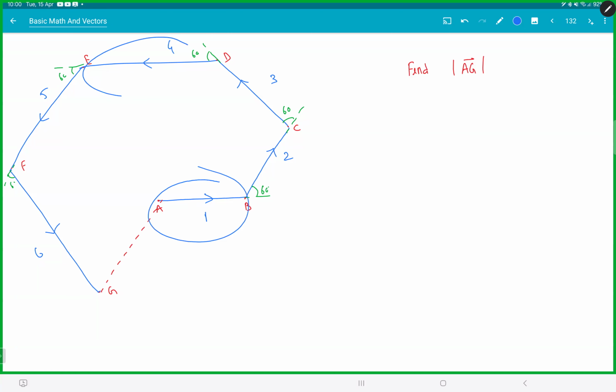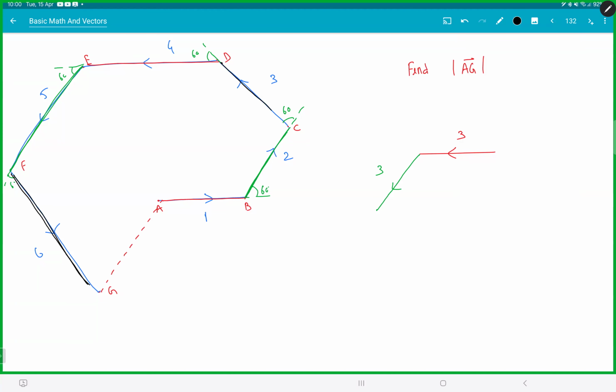This is 1, this is 4. Aren't these two opposite? I'll just mark them with colors. See, if you take this one and this one, both are opposite, right? 4 is that way, 1 is this way. What is the resultant? 4 minus 1 is 3. If I take this green line and this green line, that is 5 and this is 2. What is the resultant? 3. If you take this one and color it with black, and this thing, 6 minus 3, both are opposite. What is that one? That is also 3. Isn't it?